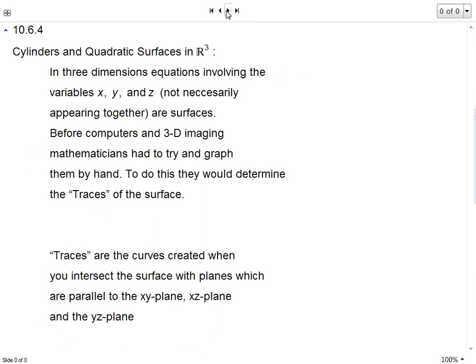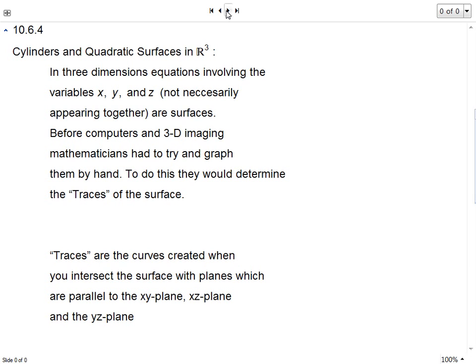Now, in 2D, we only have the variables x and y. In 3D, we have x, y, and z. So in 3 dimensions, equations involve the variables x, y, and z, not necessarily appearing together. In other words, you can have an equation that doesn't have x, y, and z all three, and it's still something in 3D. We've looked at this.